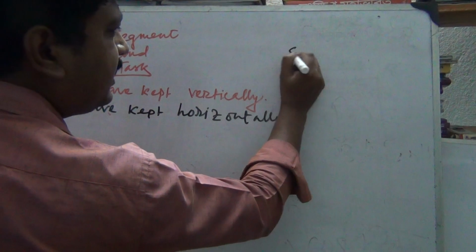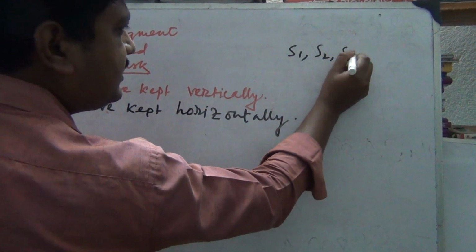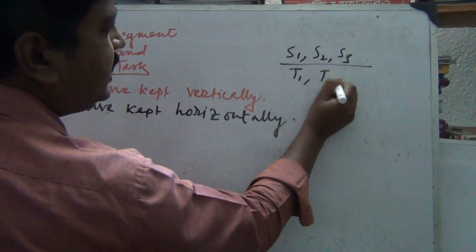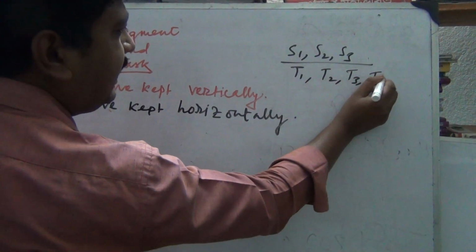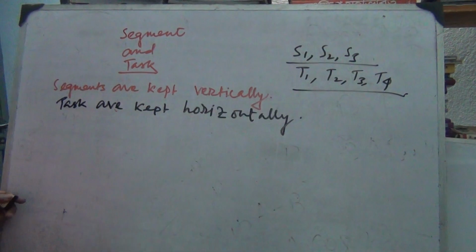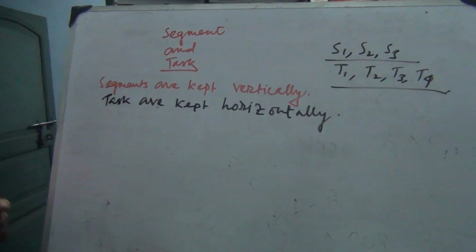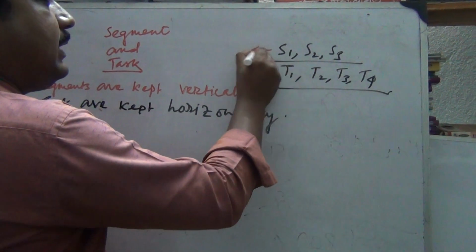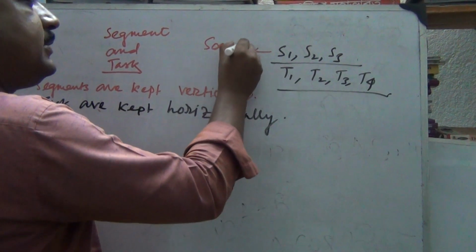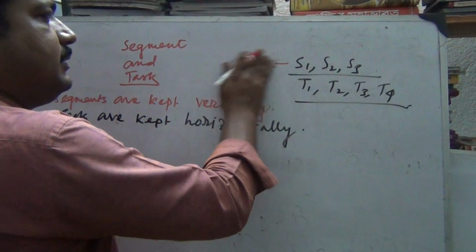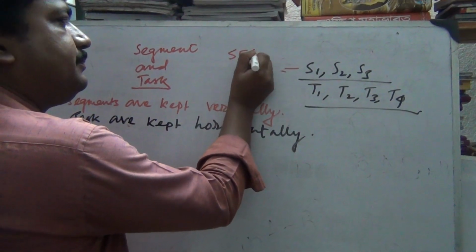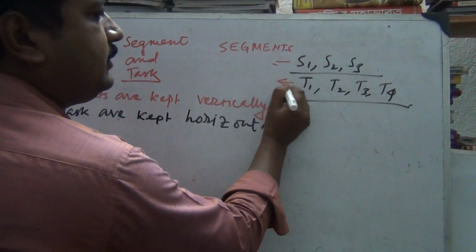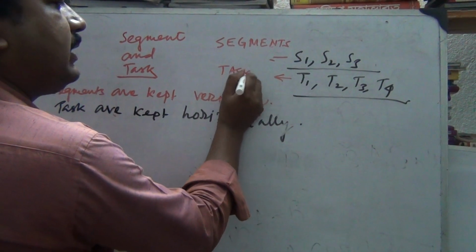So we have here S1, S2, S3, and suppose we are going to perform tasks T1, T2, T3 and T4. We are going to perform on S1, S2, S3. These are the segments, and these are the tasks.